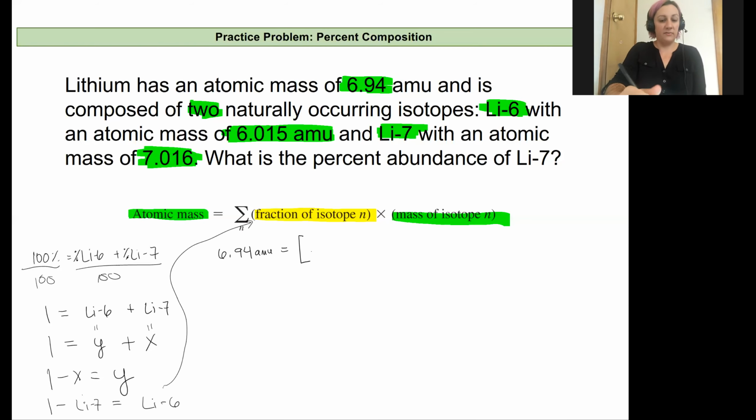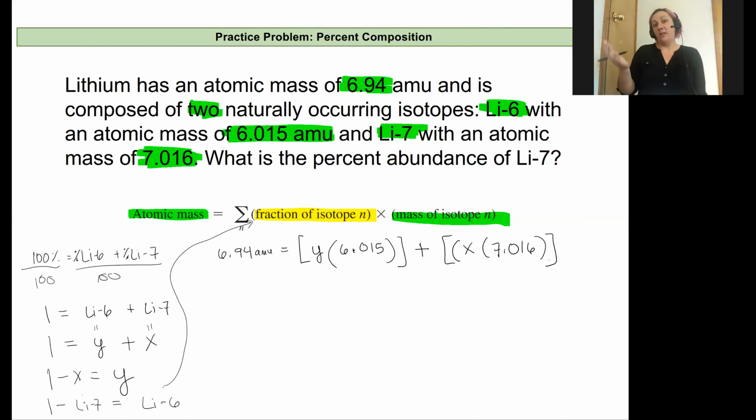The fraction of lithium-6, which would be y, times the mass of my isotope for lithium-6, which is 6.015 atomic mass units. And that would be plus x times my mass of lithium-7, which is going to be 7.016.